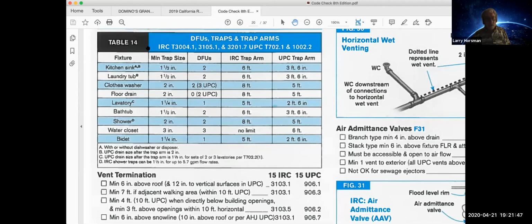This is just for residential. For commercial, they'll have a standard DFU, and then if it's a public facility, or they're expecting a lot of use, then they have a higher fixture unit count versus these that are considered to be private.